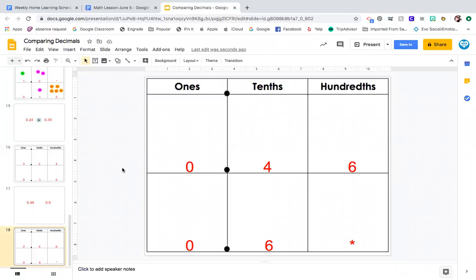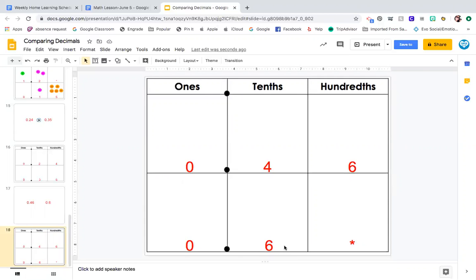All right, welcome back. Here is my place value chart. I've put in the two decimal numbers we're comparing into the place value chart. And beginning on the left, they both have 0 in the ones place. So we're going to move over to the tenths place. This top number has a digit 4 in the tenths place, while the bottom number has a digit 6 in the tenths place.